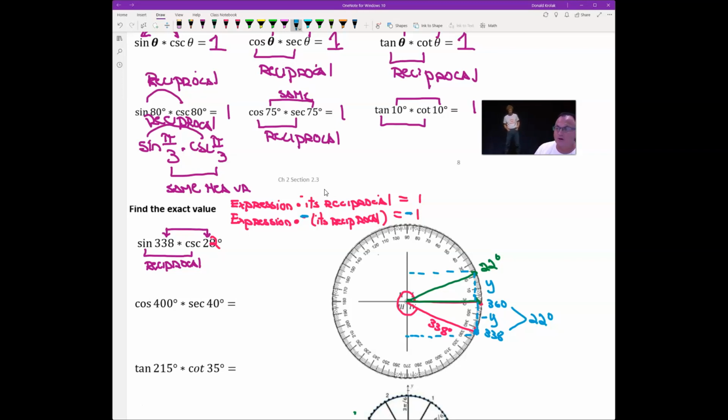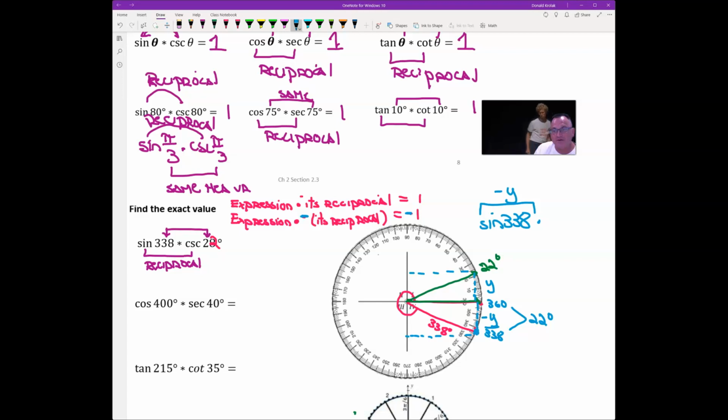So basically the sine of 338, that would be the same as whatever that value is, so that would be some negative number.